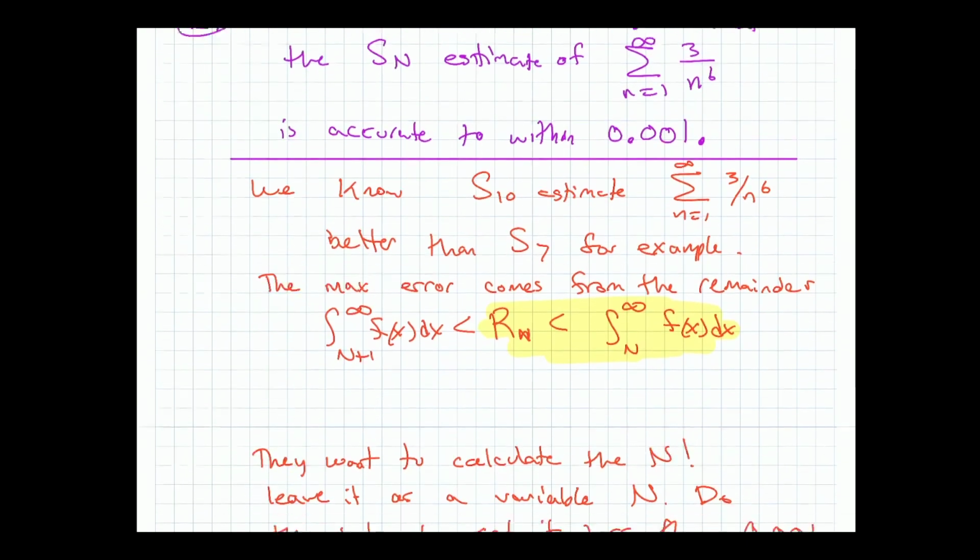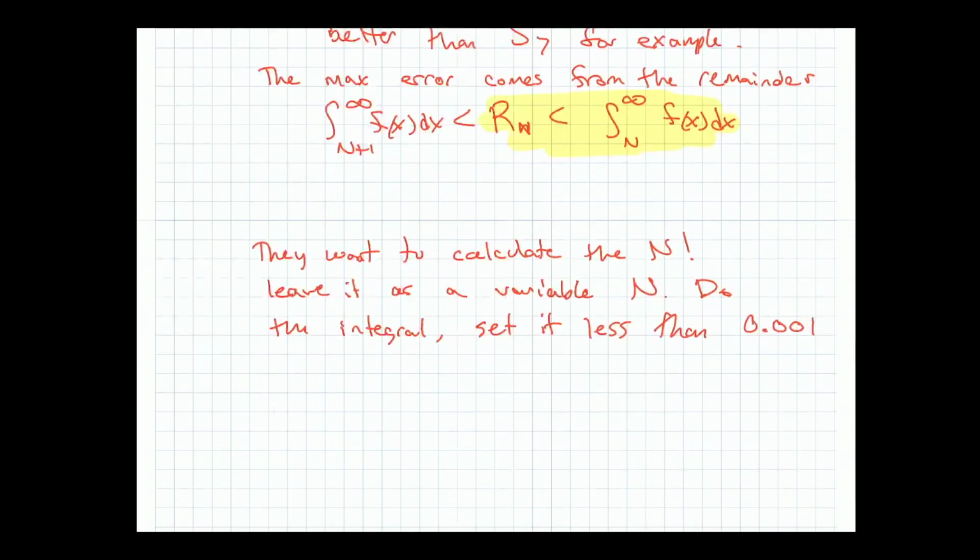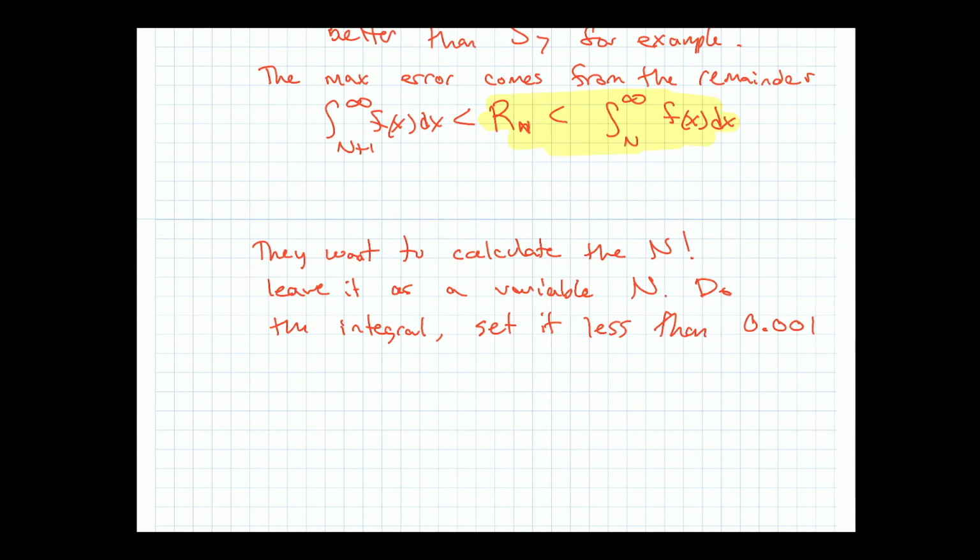Is that what they gave us for the number? Yeah, 0.001. So we want to do the integral, set it less than 0.001, and solve for n with algebra.